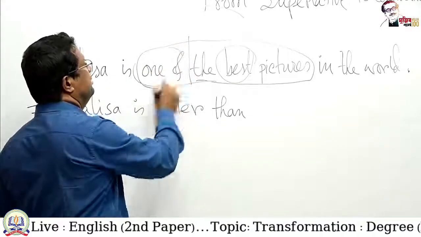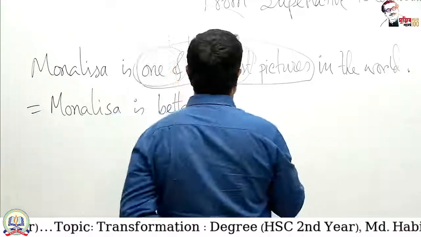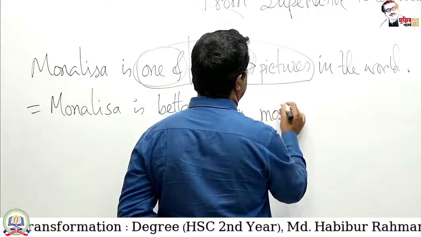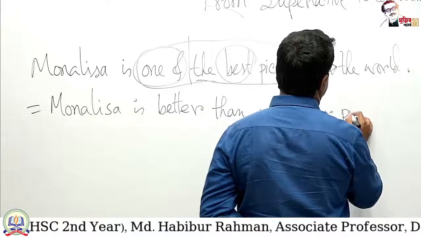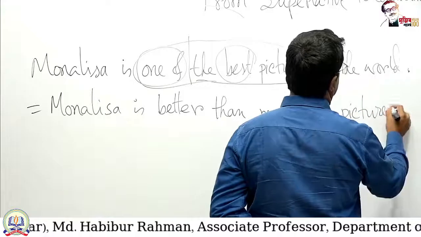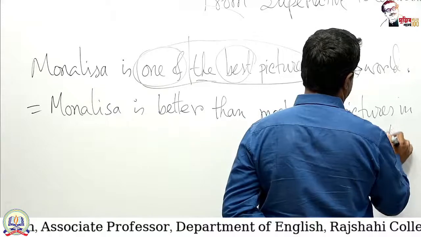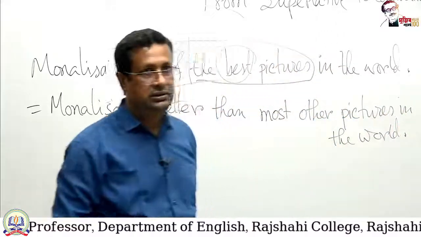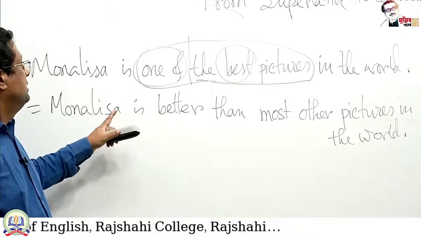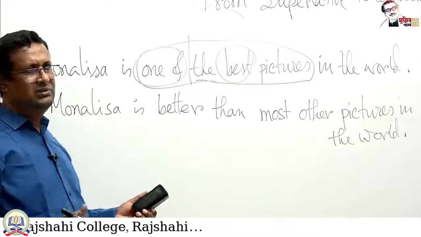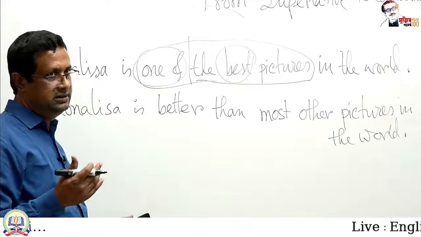As there is one of, we will use most other pictures. Mona Lisa is better than most other pictures in the world. So you find a different type of change.